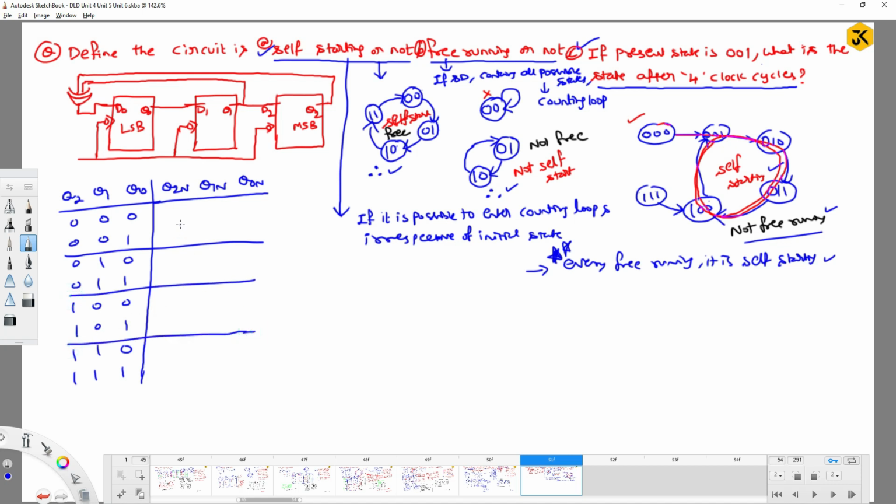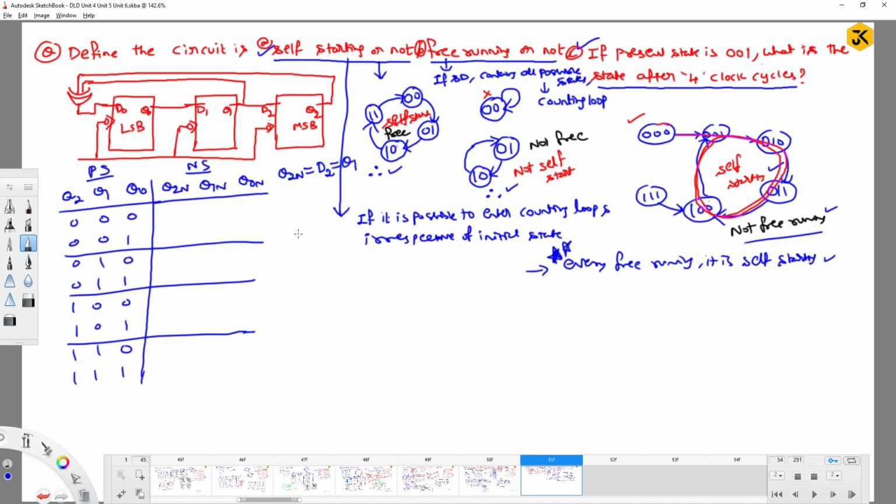Try to observe here, you can solve it easily. Think about this diagram. If I have the present state like this, these are the next states. How can we get the next state value? Q0 is obtained because of D0, Q1 because of D1, Q2 because of D2. So the Q2 next state is the value of D2, and the D2 value is the value of Q1.